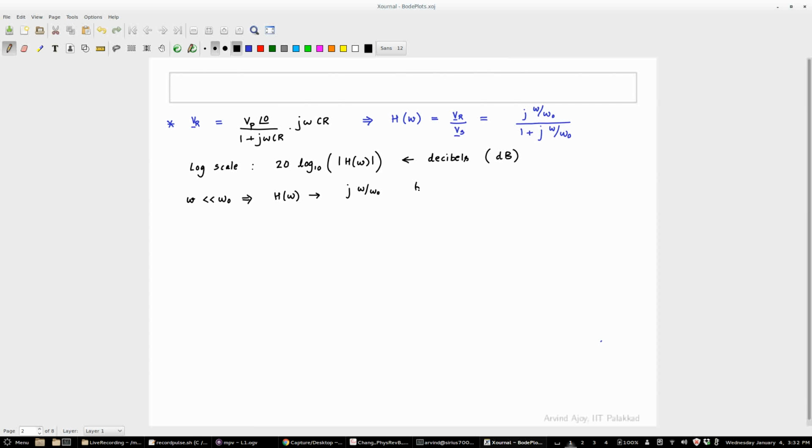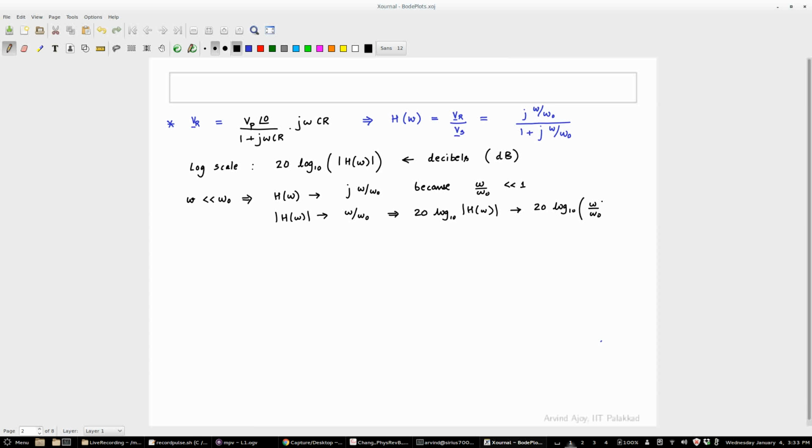One is the limit of very small omega. So the limit of very small omega, so omega less than omega 0, will do H of omega tends to j omega by omega 0, because omega by omega 0 is less than 1, and hence I can drop this quantity with respect to 1, right?